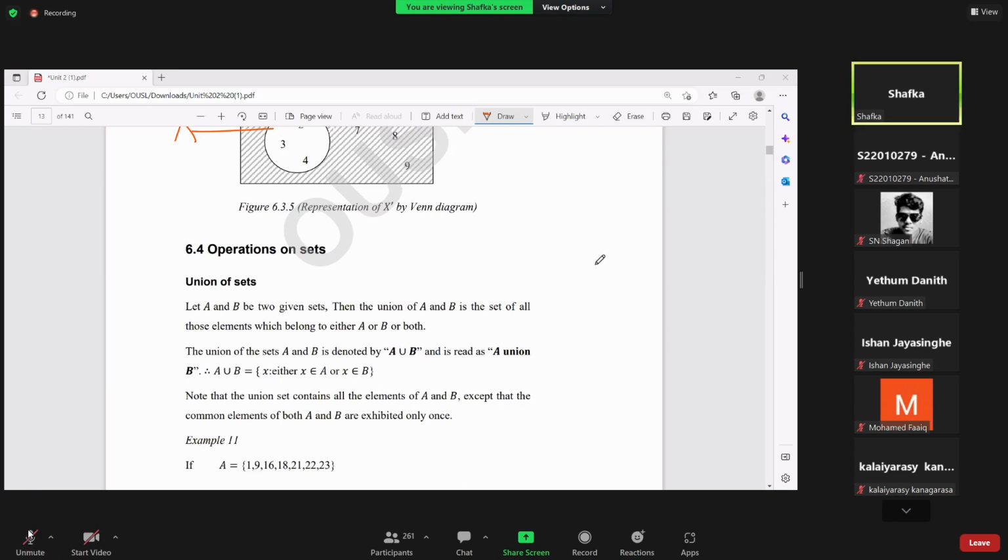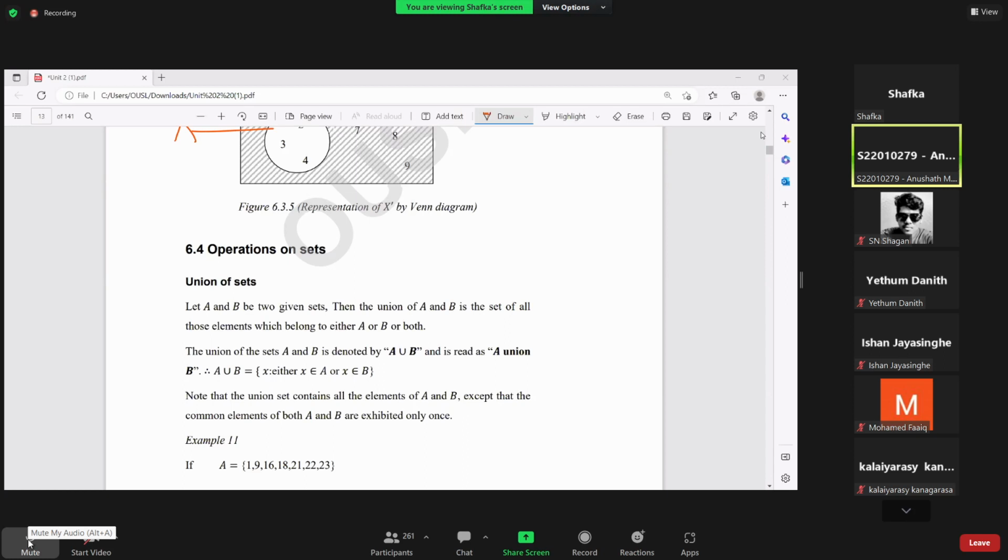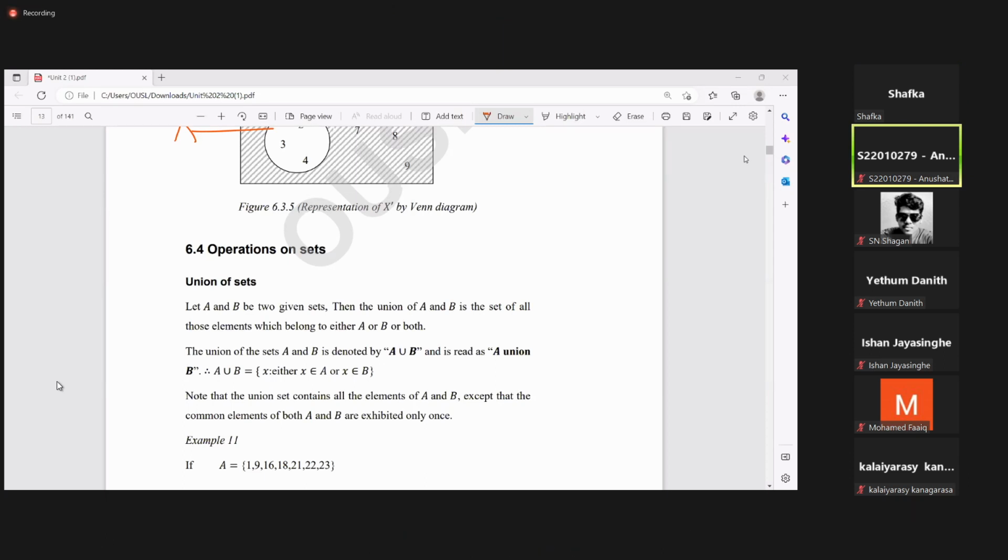Combination of... okay, what else? Distinct element here. Others?